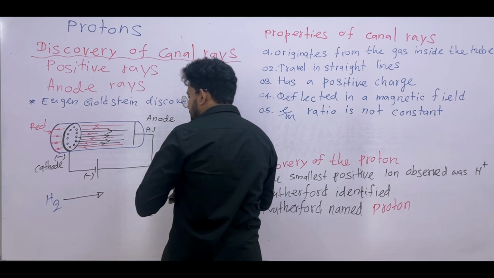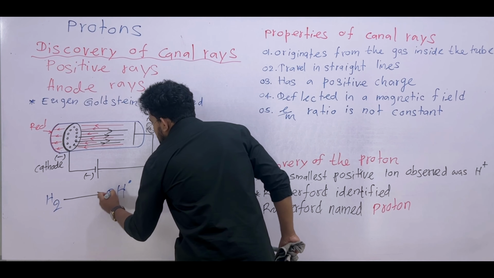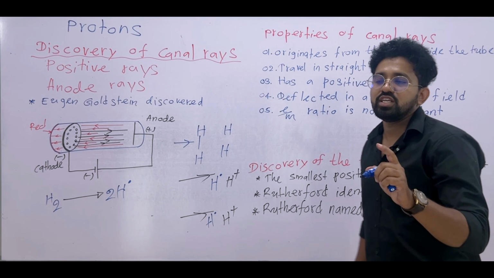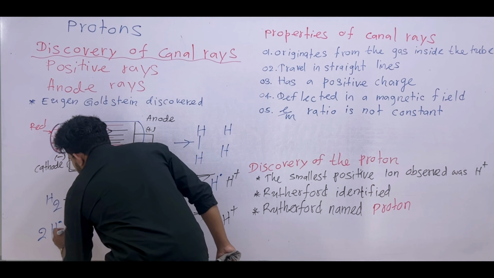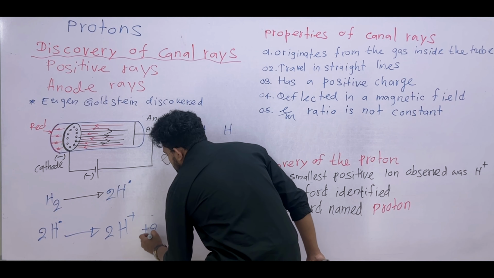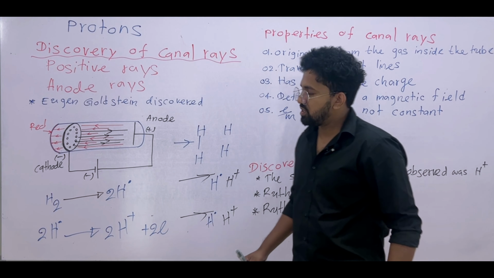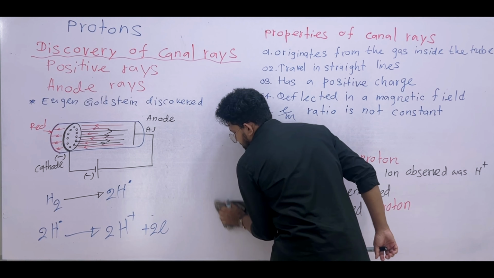At the first stage, two hydrogen atoms form, and with further collision, these two hydrogen atoms lose two electrons, forming 2H+ ions. So that is what happens.